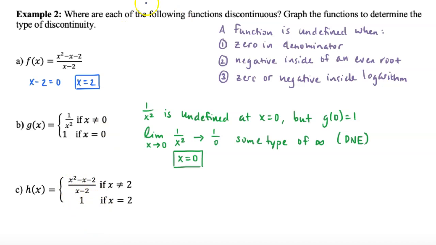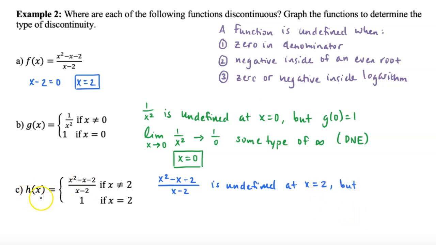So starting off, to determine where this function is undefined, well, this is the exact same function from part A. This is undefined at x equals 2 because this is going to give us a 0 in the denominator.